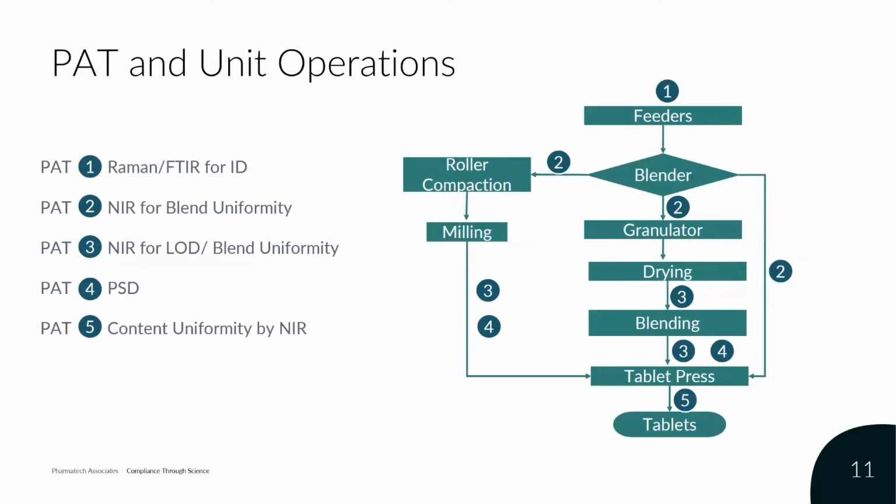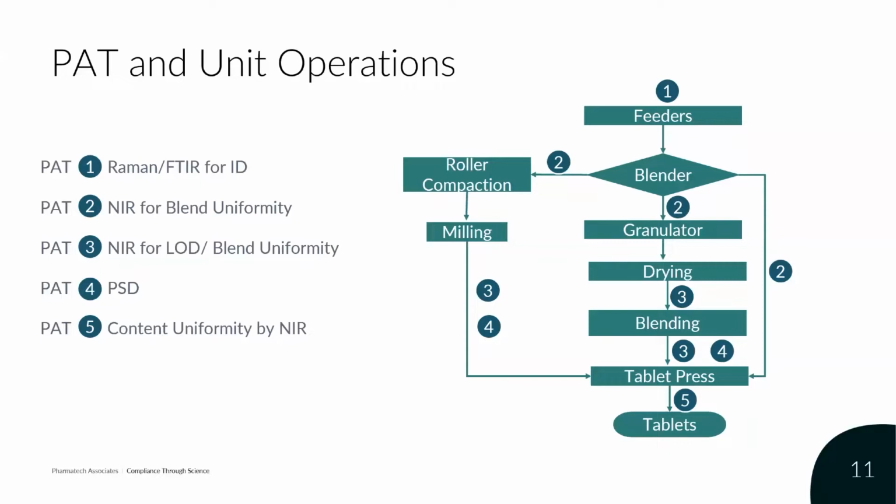Near infrared spectroscopy is very useful for determining blend uniformity. And content uniformity as well of the finished product, in some cases, can be determined using near IR spectroscopic techniques.